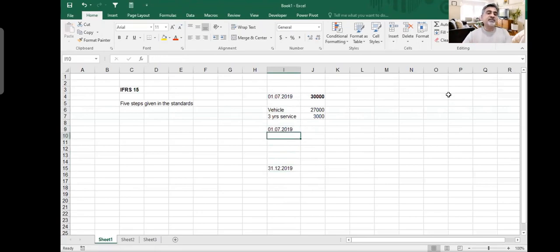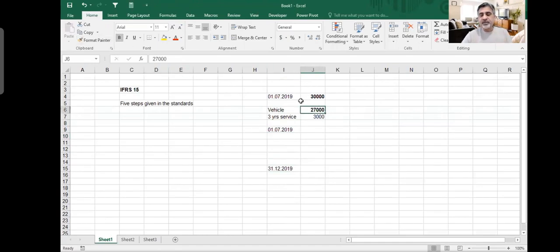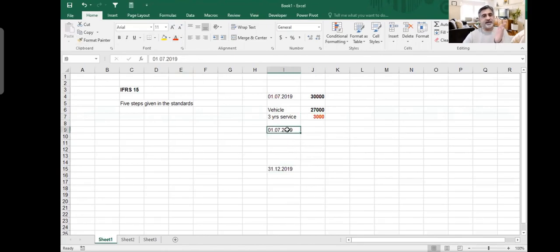So $27,000 of revenue you can recognize because you have delivered the car. This performance obligation, which is point in time, is met. But this performance obligation is for the next 3 years. It is about period of time. You cannot recognize this one as revenue as of today when you sold the car. It is day one. You have not provided any service, so you cannot recognize this revenue.